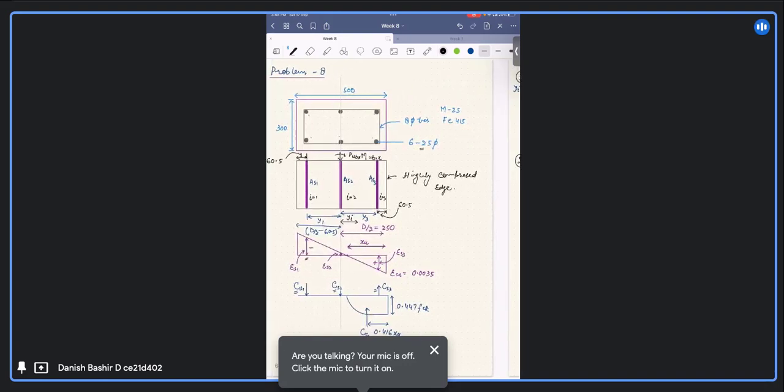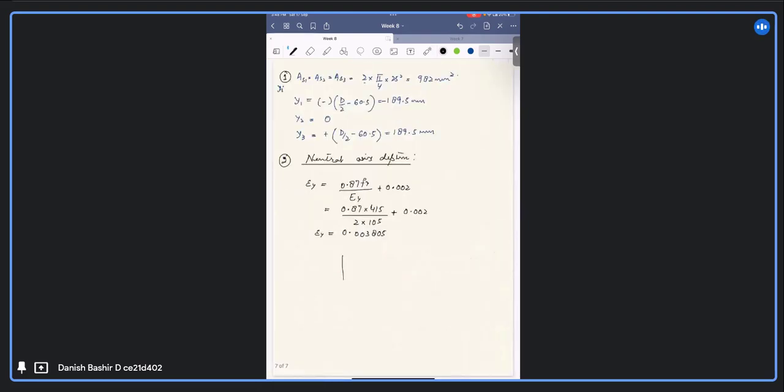So if I have the similar triangles, I have strain in steel here like this, and strain in concrete like this, joining like this.